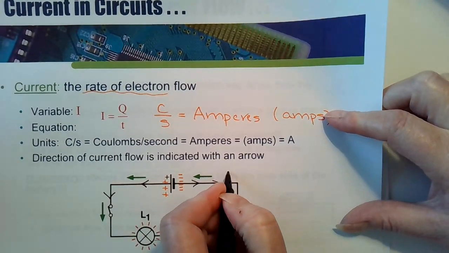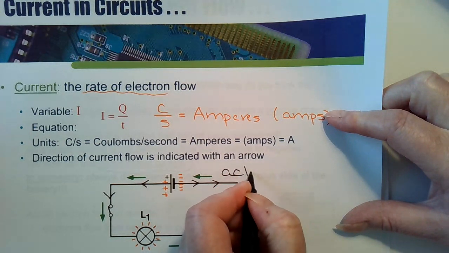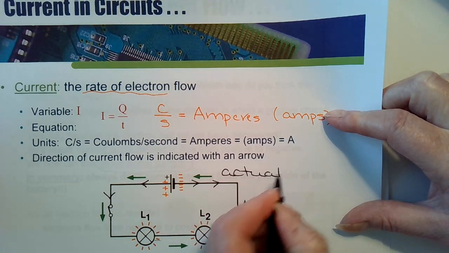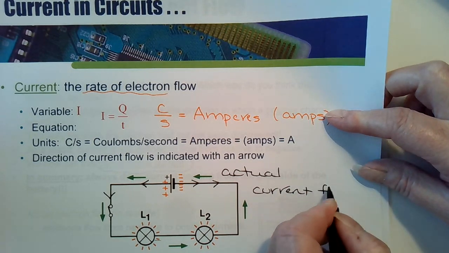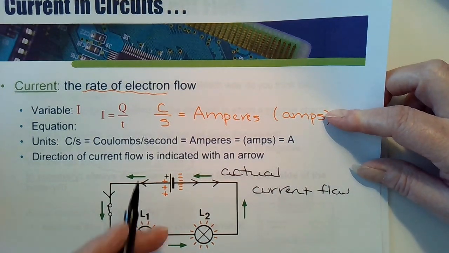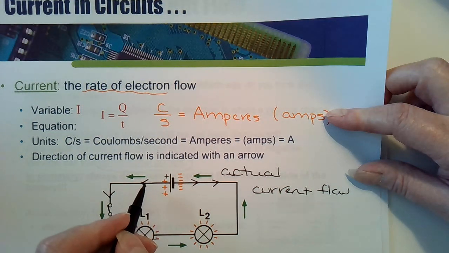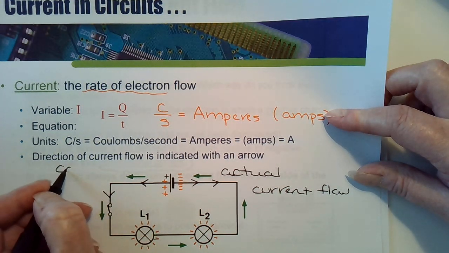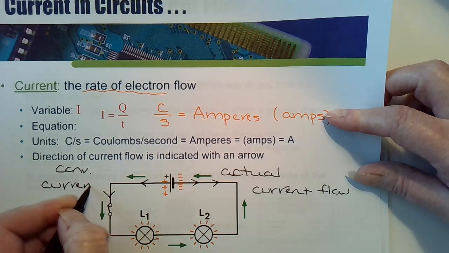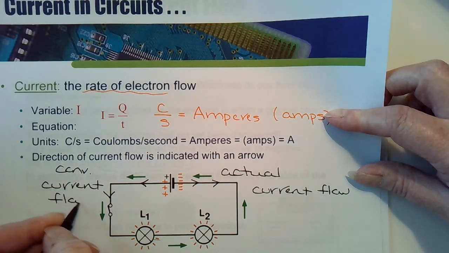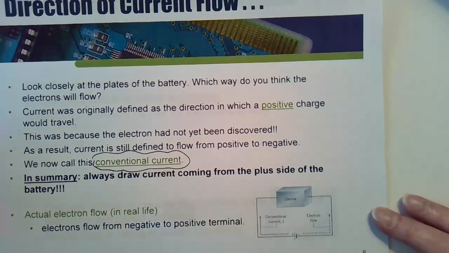So the way they really go is called actual current flow. But by convention, because we always thought they went this way, this is conventional current flow.